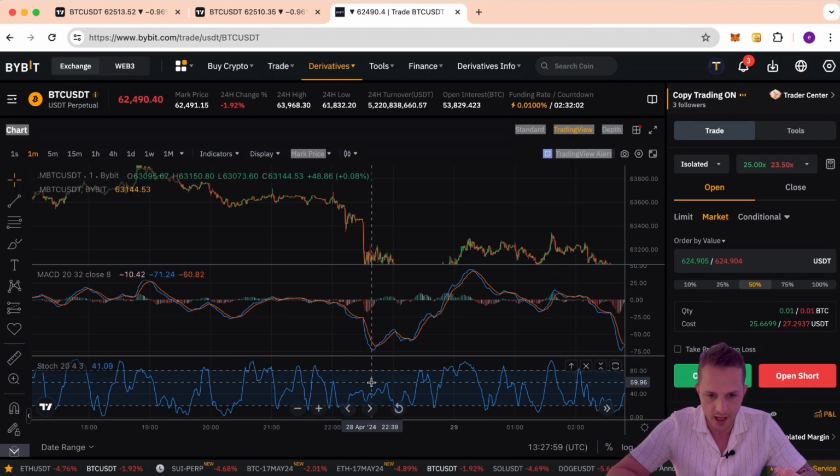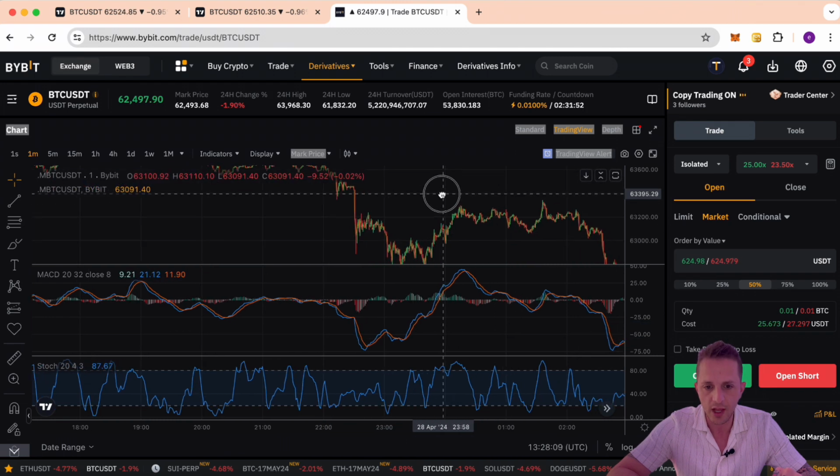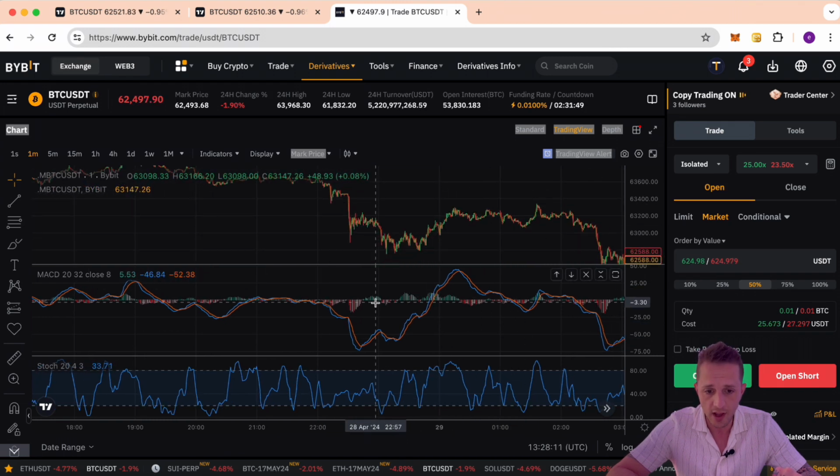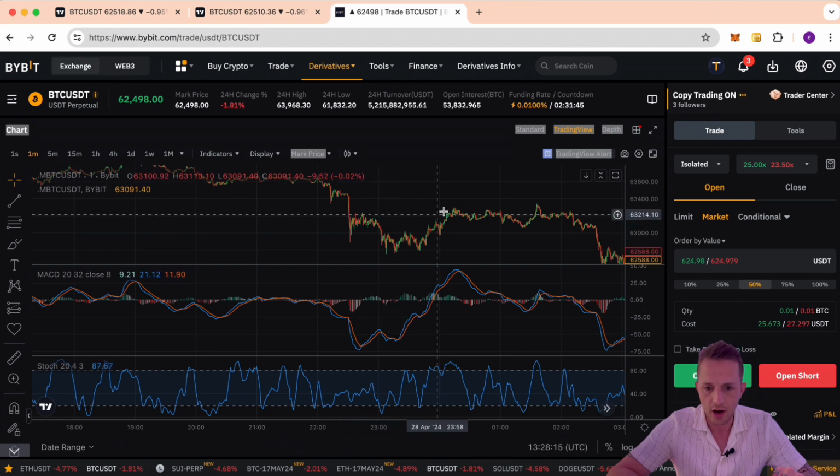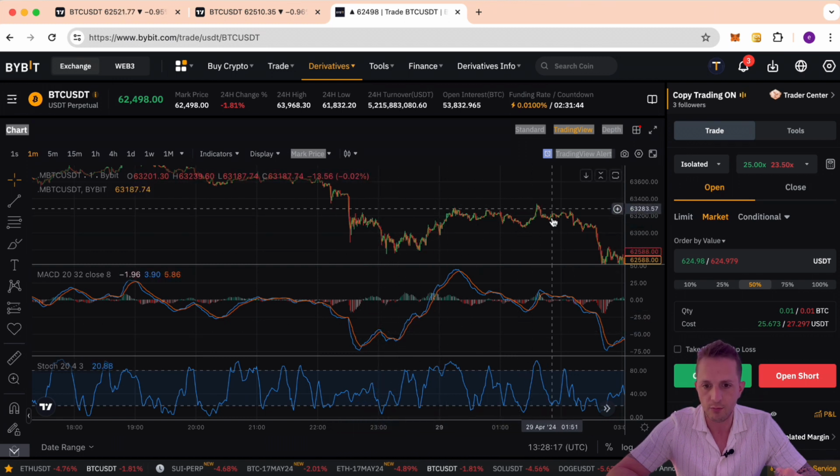And we can see the same thing in the stochastic. The price tried to go up and then it's going down. As you can see, guys, the stochastic and the moving average follow the chart perfectly. Okay, so you can't be wrong.